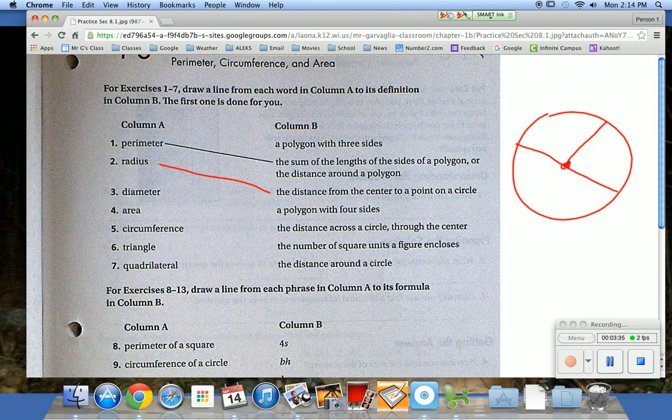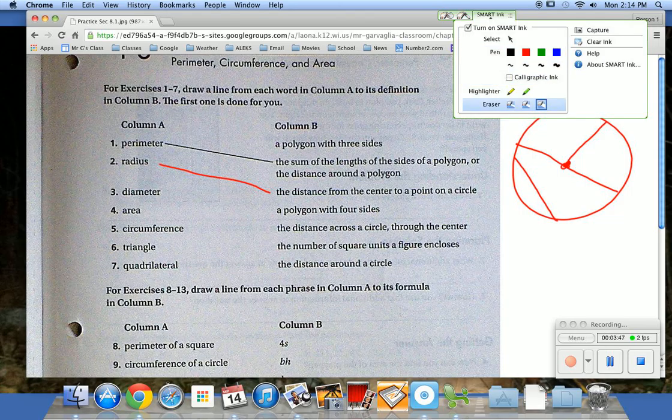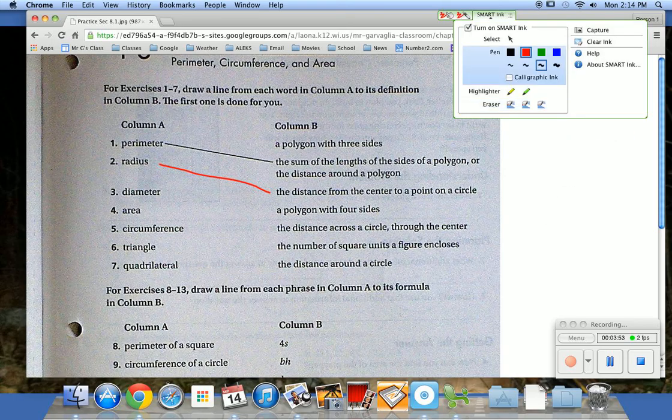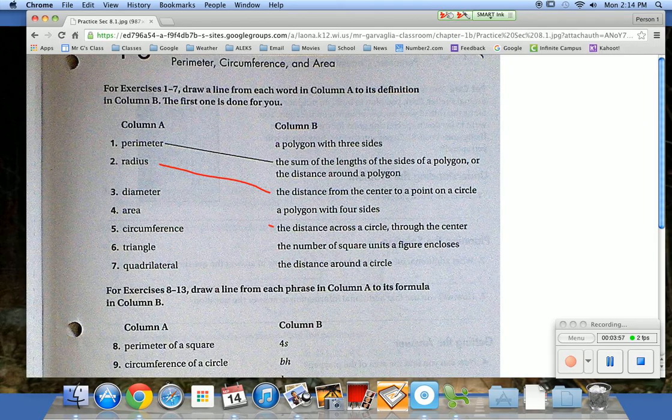You'll learn later on that you'll get a line that's going to look like this. It's called a chord. A chord is not necessarily a diameter. Diameter has to travel through the center of the circle. So is there anything on here that travels through the center of the circle? Which one? Right here, distance across the circle through the center? That's my diameter.